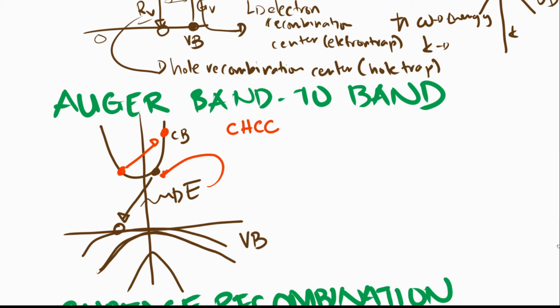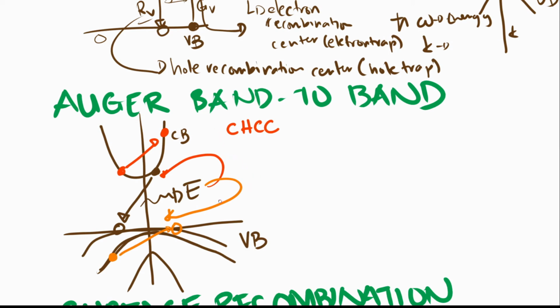Another possibility is that this energy will be absorbed and cause the promotion of an electron from the light hole band to the heavy hole band, or we can also look at it as the demotion of a hole from the heavy hole band to the light hole band.